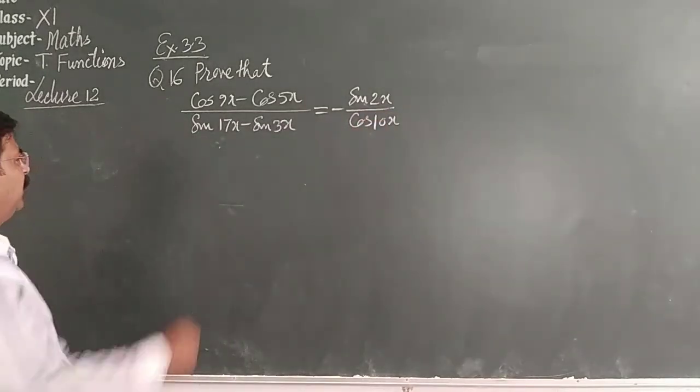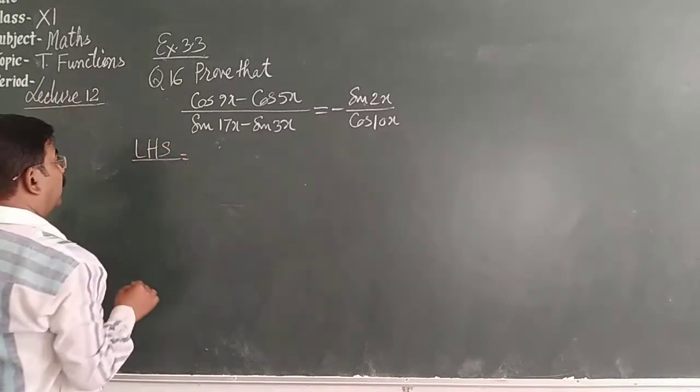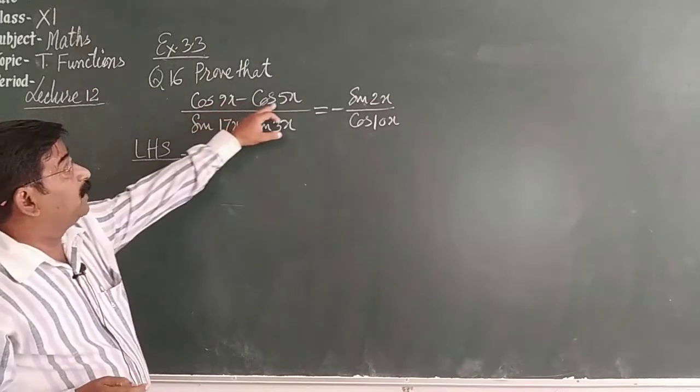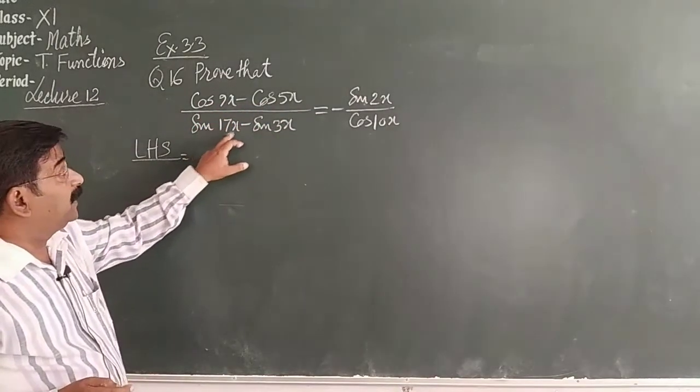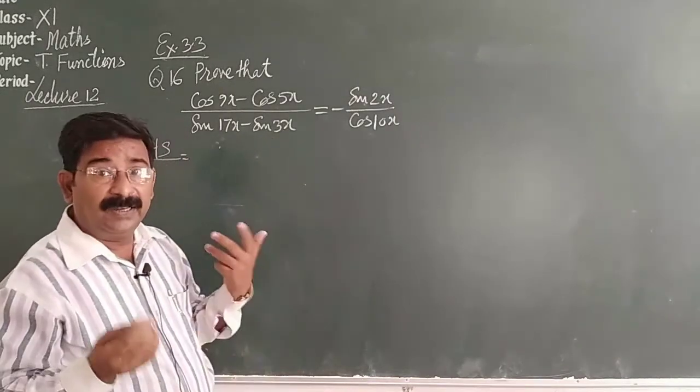So in left hand side, in numerator we have cos a minus cos b formula, in denominator we have sin a minus sin b formula, and we can apply both the formula. Let's see what happened.